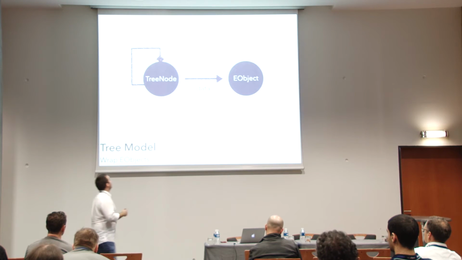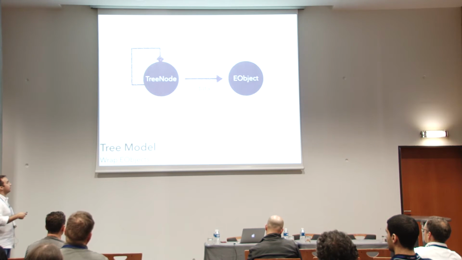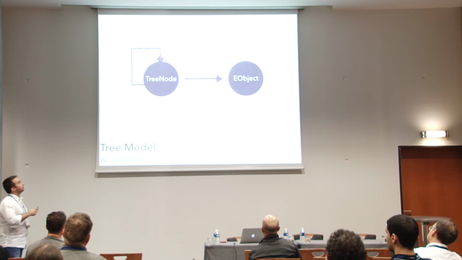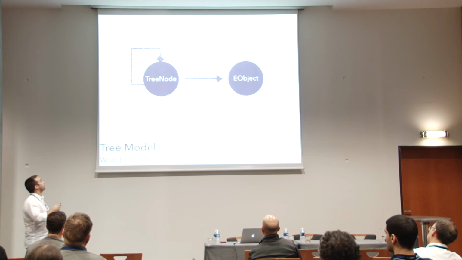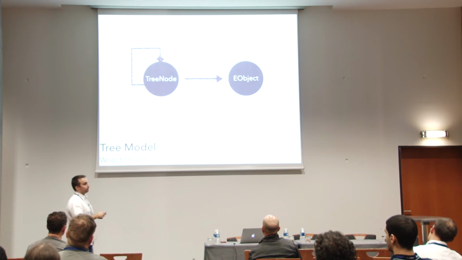This is a very tiny eCore model that is defined in the Edit plugin, which is a tree model. So you got an EClass TreeNode that can contain other tree nodes, and every tree node references an EObject.